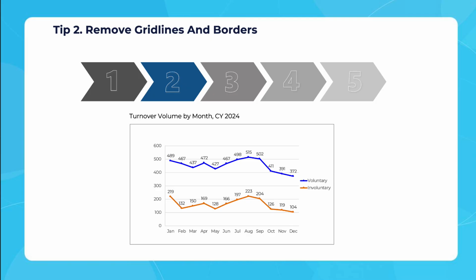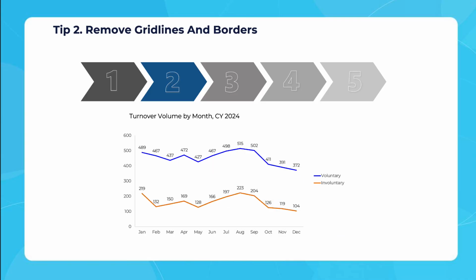So those are the two quick things that you can go ahead and remove. And then also, a little difficult to highlight in red on this, but the data markers, like the little circles on the line charts representing where the data points are, they are also unnecessary, so we'll remove those as well. And it's already looking a lot cleaner.